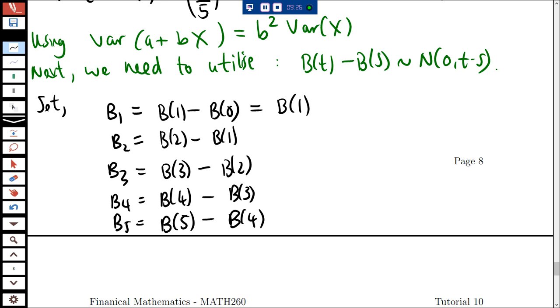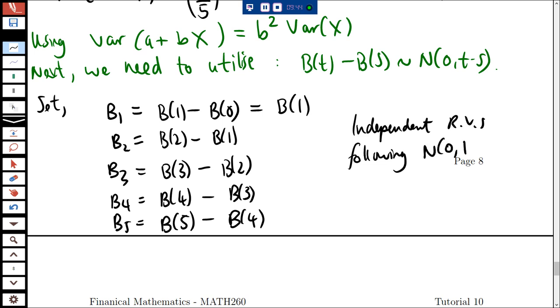All these are independent random variables, and let's make a note of this. These are independent random variables following the normal distribution, and the variance and standard deviation is 1. This comes from definition.